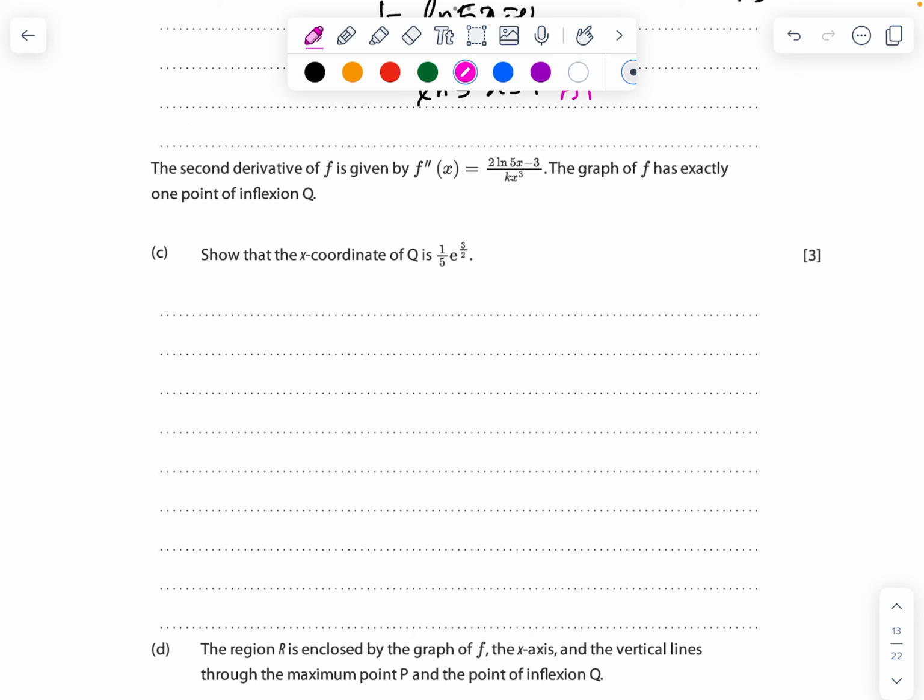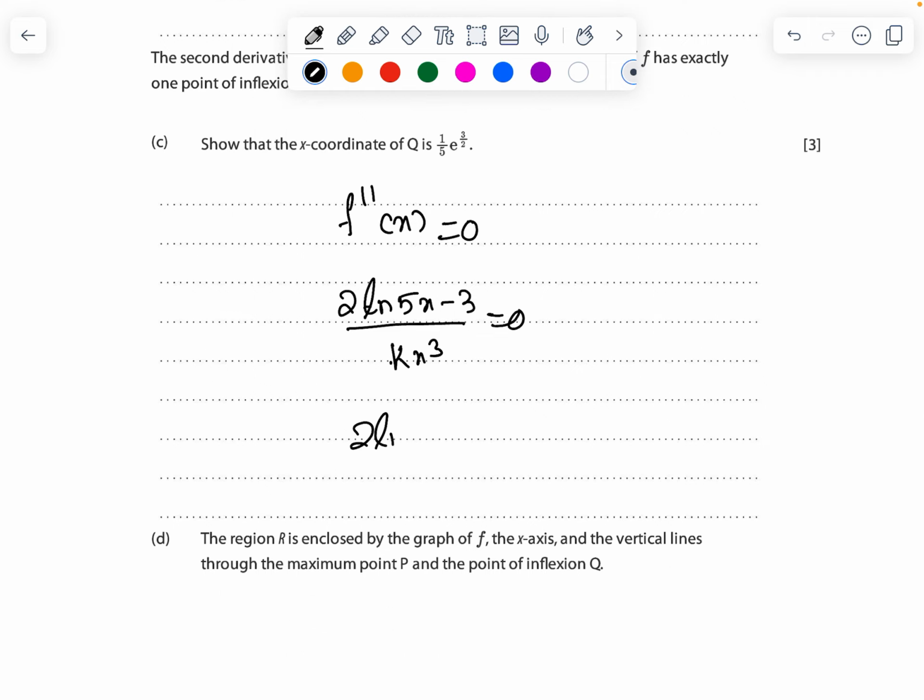The second derivative of f is given by f double prime is this one. The graph has exactly one point of inflection, so show that the x coordinate of this one is this. So f double prime of x should be equal to 0. So 2 ln 5x minus 3 upon kx cube should be equal to 0. So 2 ln 5x minus 3 equals 0.